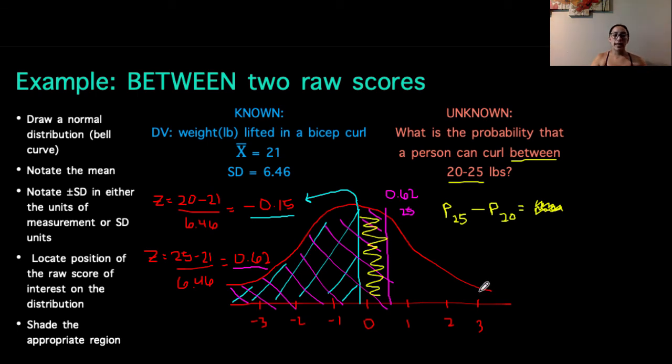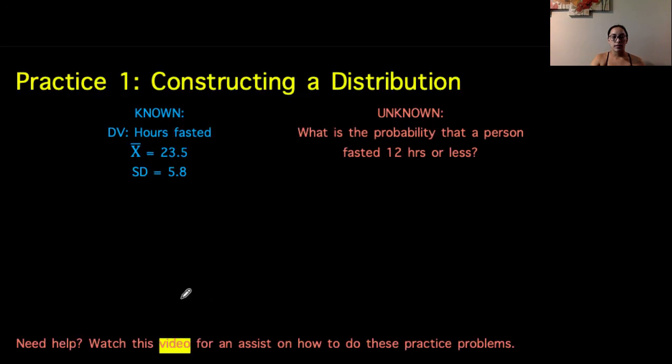Okay. So again, you guys can actually look up what these probabilities would be. I have included some other examples with linked videos in your PowerPoint so that you can go through those on your own, actually dealing with finding the probabilities using the z-tables a little bit more, but just in a different way than we already have.